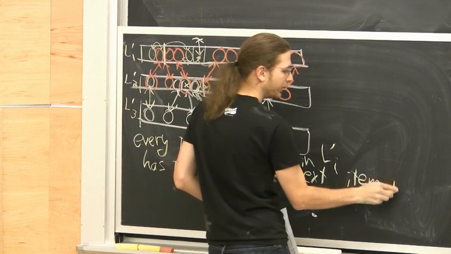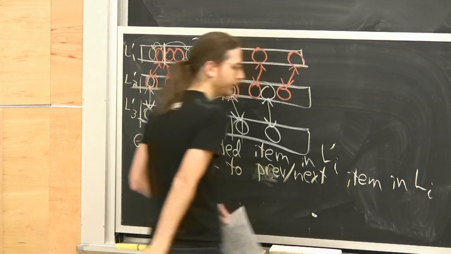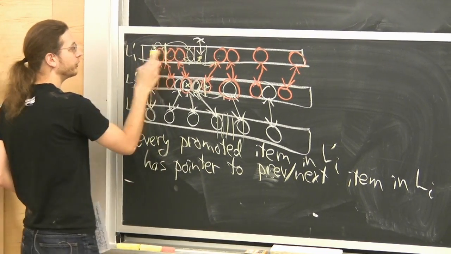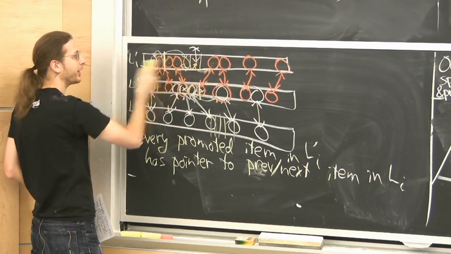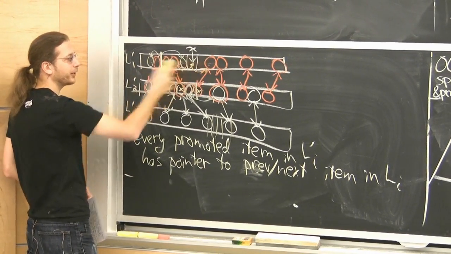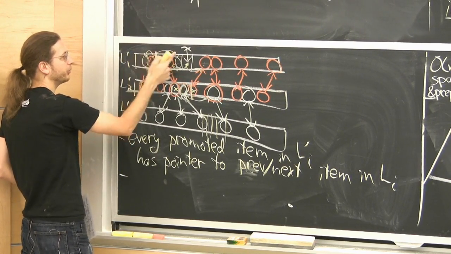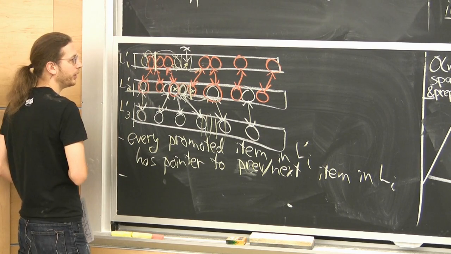So that's an item in Li. Okay, that's 2 pointers. And that's what we just used. So I found where I was among the entire L1 prime, which is almost like a global search, not quite. And then I follow these pointers to figure out where it was in the original L1.